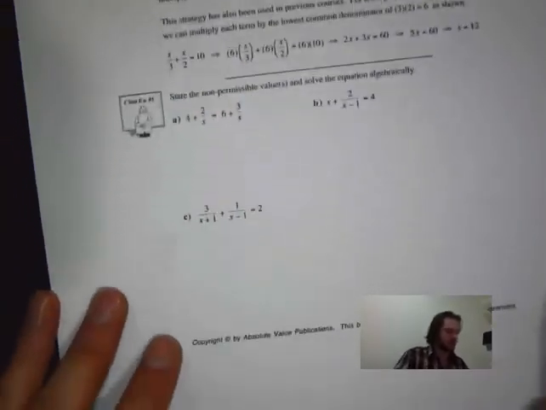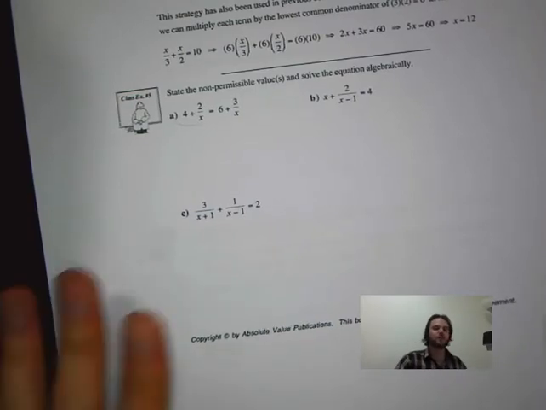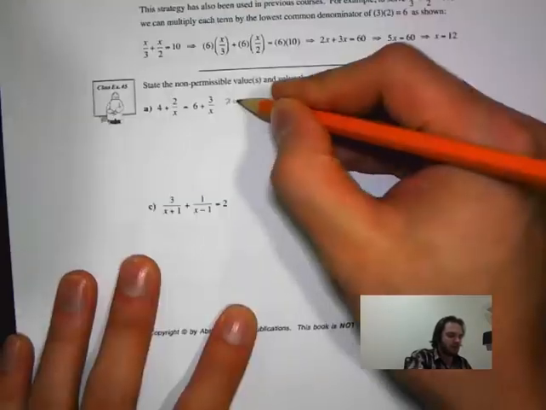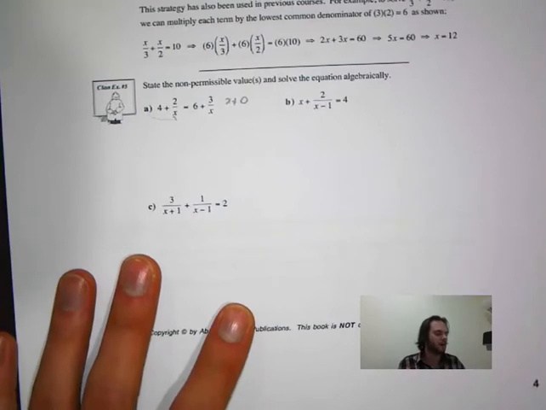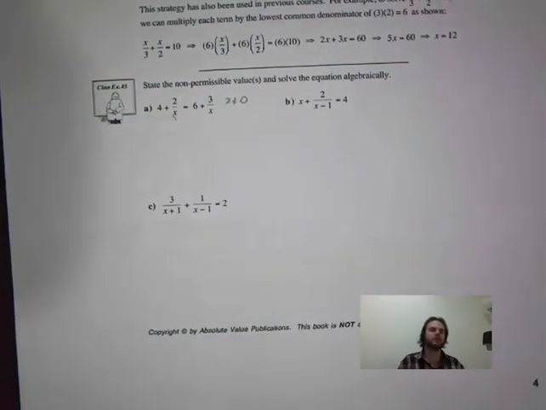Okay, let's take a look at question number 5. This one is a little bit more difficult as we have this here. State the non-permissible values and solve the equation algebraically. For this one, x cannot equal 0. First, I'm going to rearrange everything so I have everything with the same denominator on one side, everything without on the other.